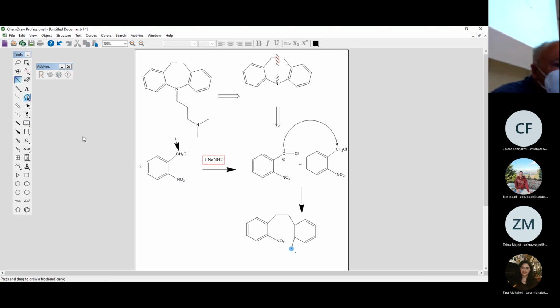And here we have a strange situation, because during this attack we have the loss of 1 molecule of hydrochloric acid. This means that this carbon remains a Cl, and the other we have 2 hydrogens.